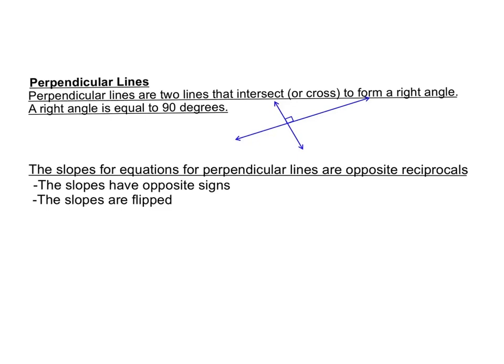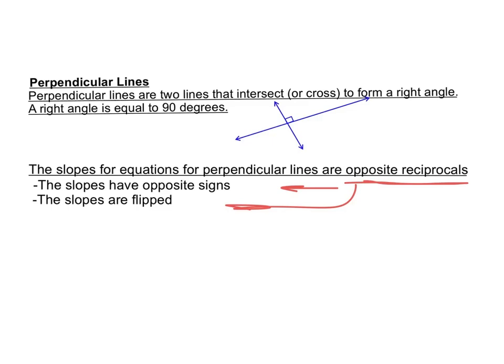So when I talk about opposite reciprocals, it means these two things. The slopes have opposite signs. So one of the lines is positive, the other one is negative, or vice versa. And then the slopes are flipped. That's what reciprocals mean.